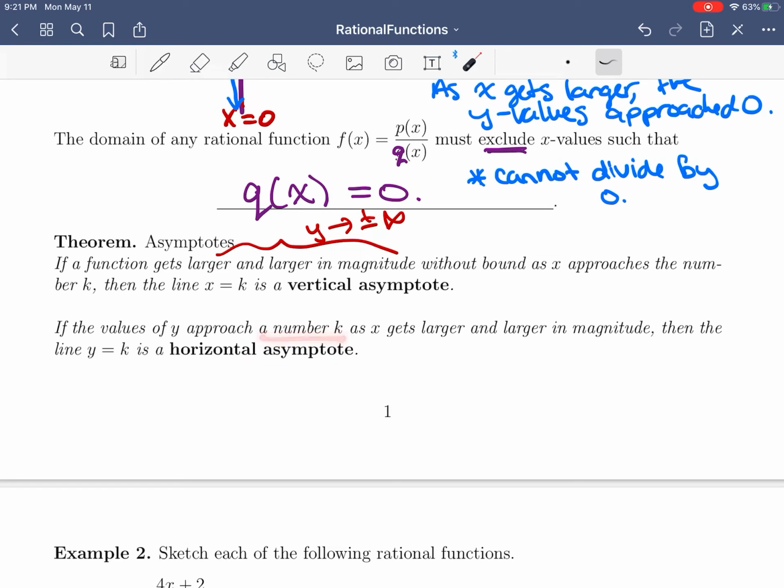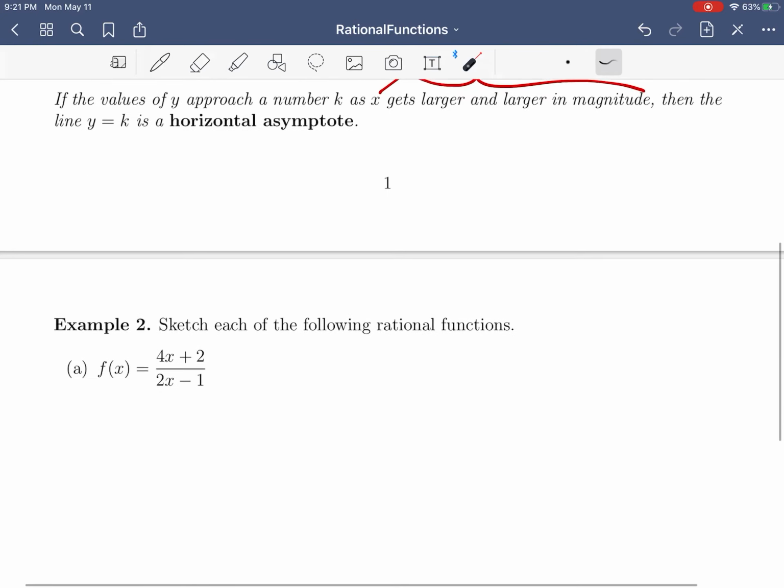If the values of y approach a number k as the x values get larger and larger, so as x approaches plus or minus infinity, then we have a horizontal asymptote at y equals k. So the horizontal asymptotes are when x is getting bigger, and the vertical asymptotes are when the function gets bigger as we approach an x value.